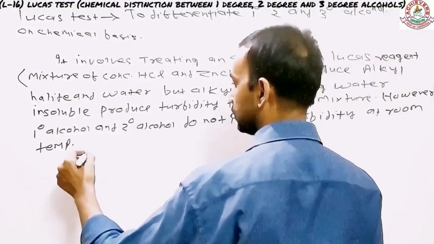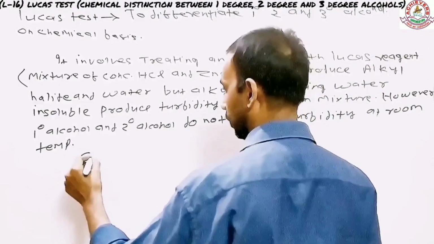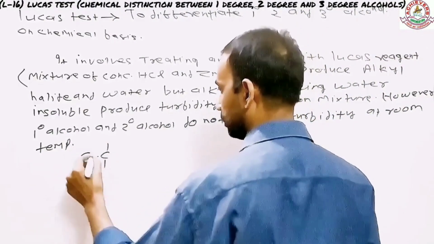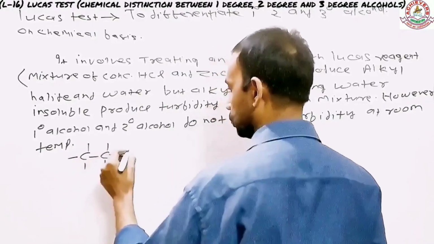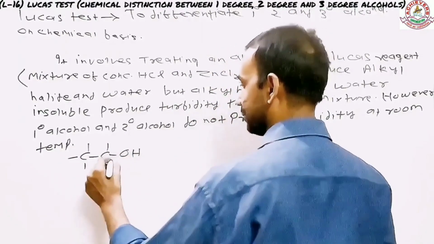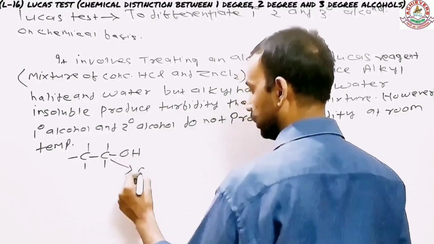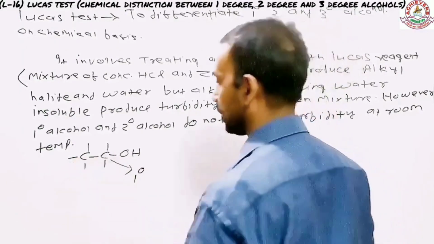Suppose I'm taking an example like ethanol. What you see is that this alcohol is 1 degree because this is connected to 1 carbon.